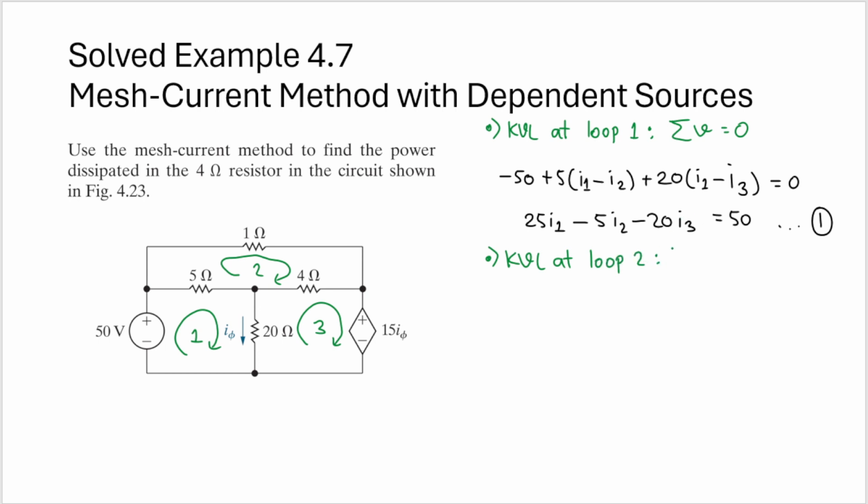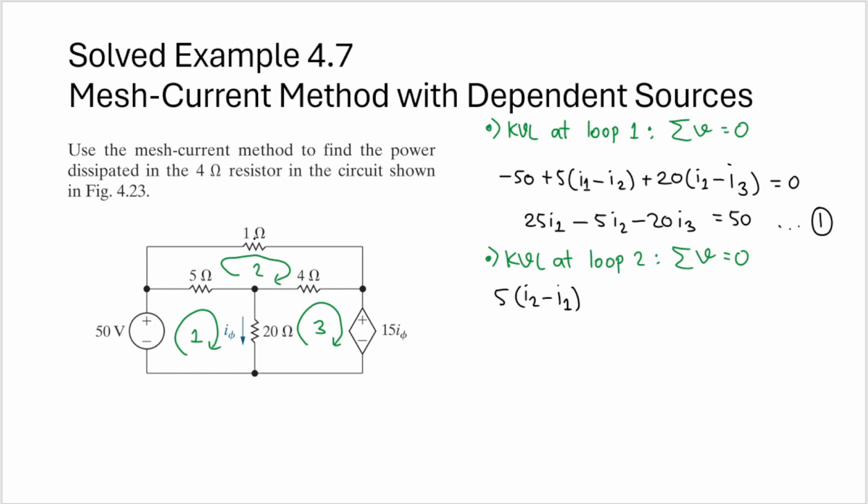KVL says that the sum of the voltages is equal to 0. Let's start from here. We will have 5 multiplied by I2. However, here I1 is flowing in the opposite direction, so minus I1.